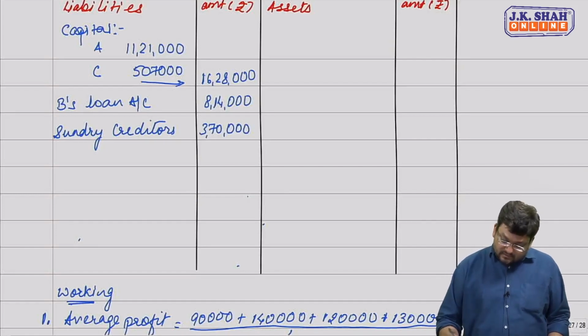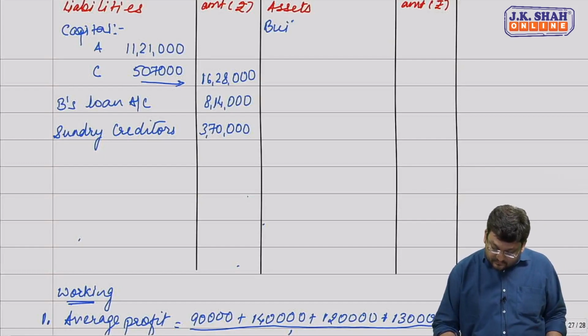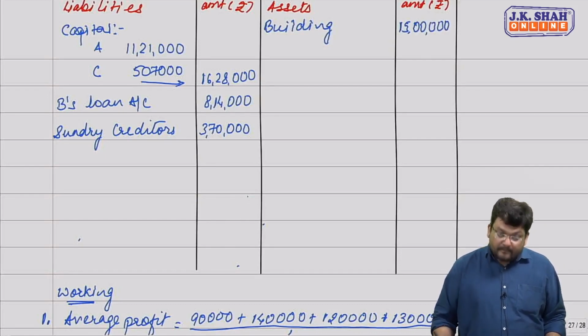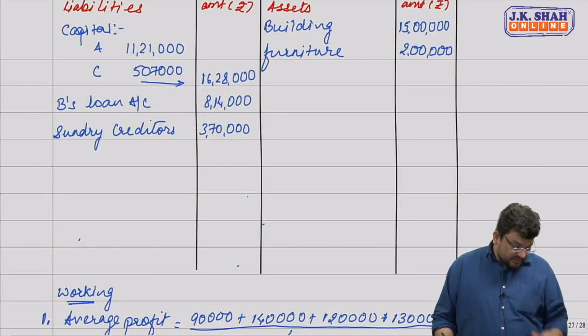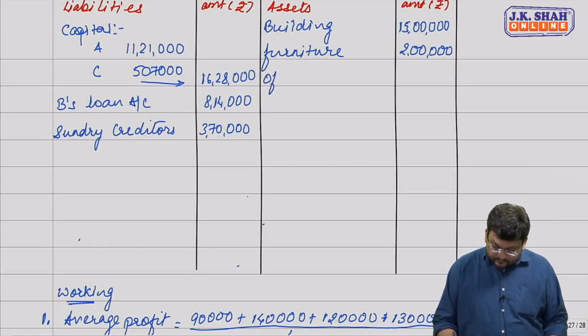In assets, revised value of building is 15 lakh. Furniture written down by 40,000. So new value of furniture is 2 lakh. Office equipments, new value is 3,27,000.